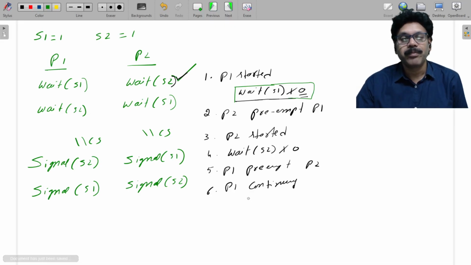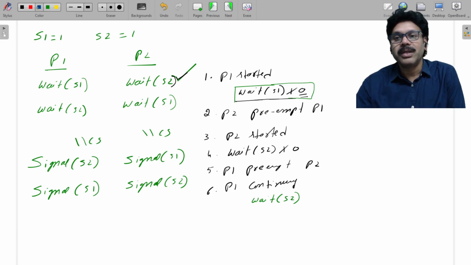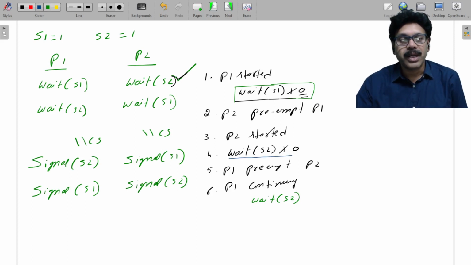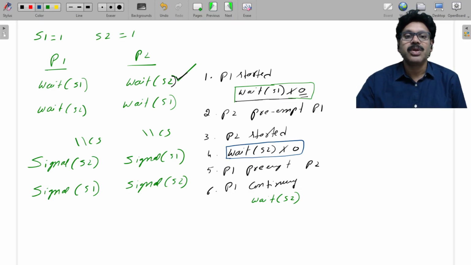What is the next line? It is asking for wait of S2. Unfortunately, wait of S2 becomes unsuccessful because P2 already made S2 become 0. We already utilized the wait function on S2, so it's already 0. Now we know the condition of semaphore: while S.value is less than or equal to 0, do skip.